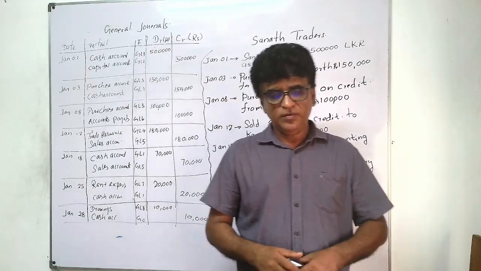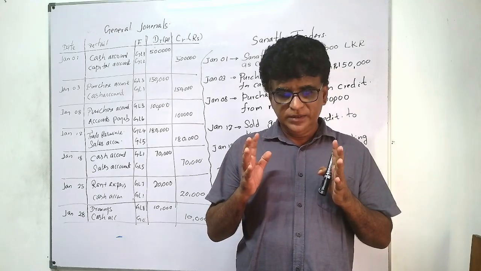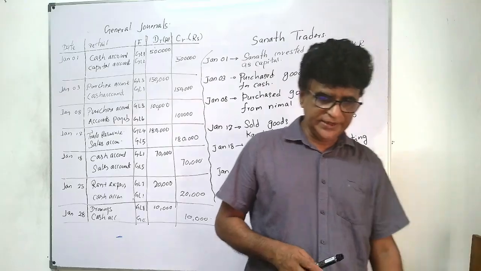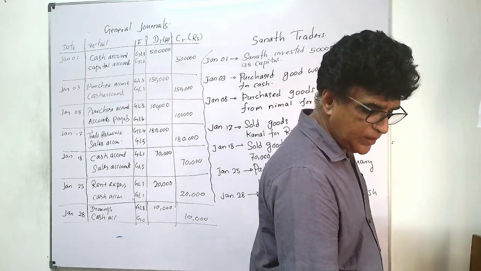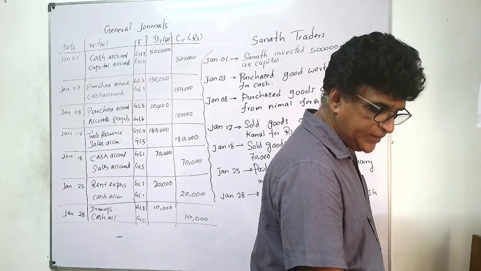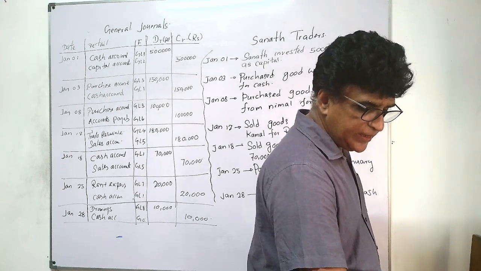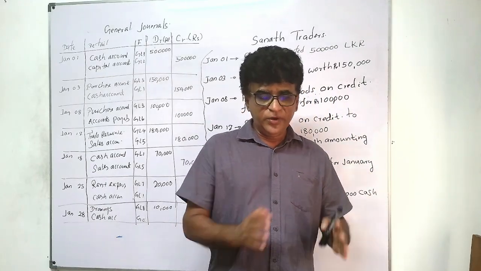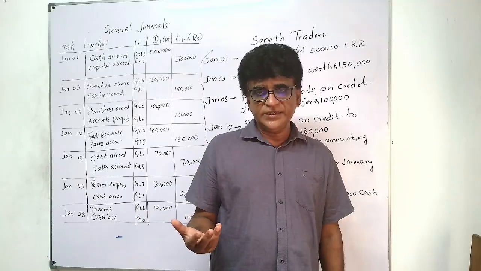Now I'm going to prepare all T accounts. Next step is preparation of T accounts, indicating what is the debit balance. The purpose is identifying the credit and debit balances. We have to extract all debit and credit balances to prepare the unadjusted trial balance.